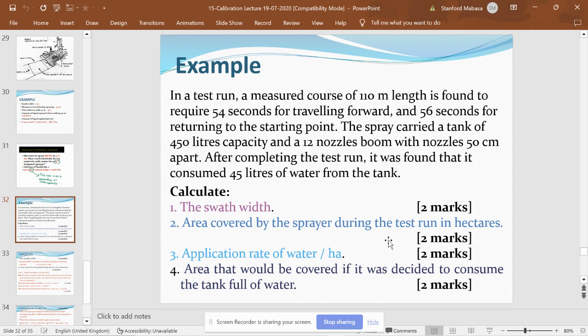After completion of the test run, it was found that it consumed 45 liters of water from the tank. Anyway, this example is about a tractor boom sprayer which is being calibrated with 12 nozzles. If you want to know the swath, you multiply 12 nozzles times 50 centimeters. But otherwise, the calibration is more or less the same.